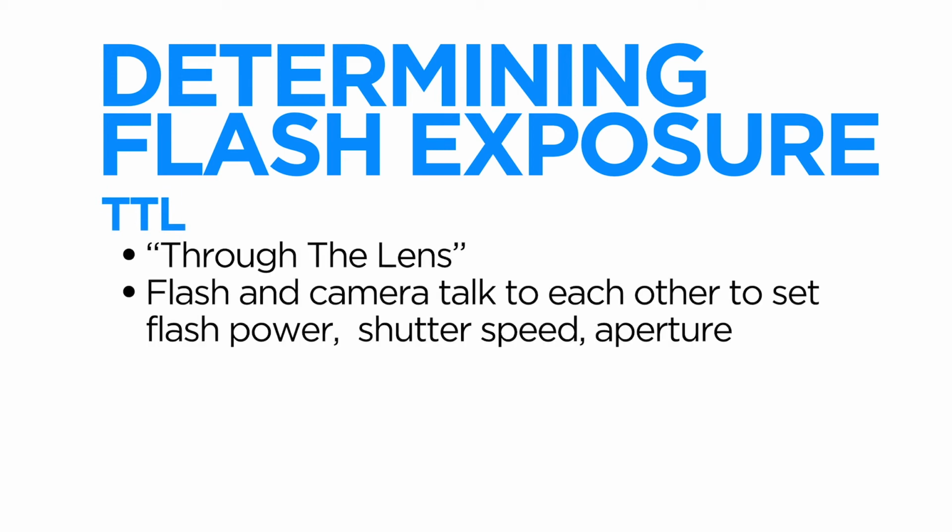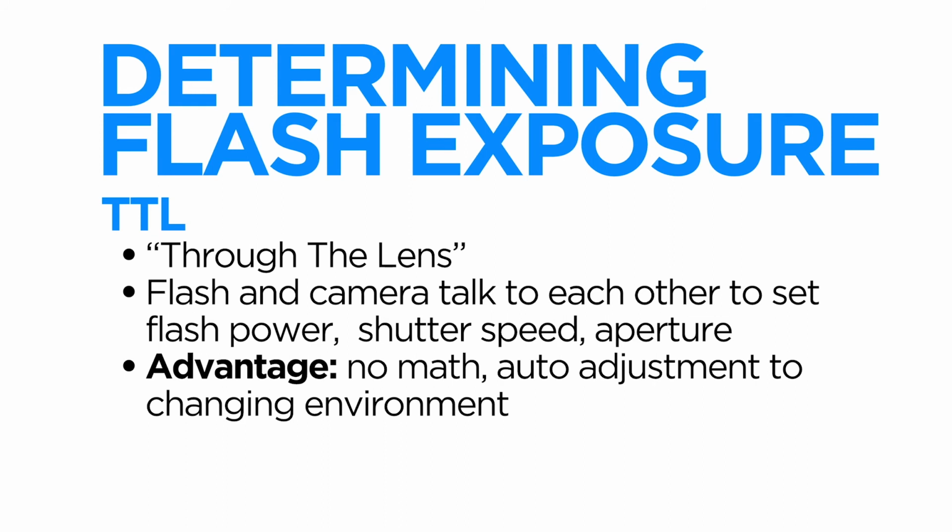And that means the camera and the flash are talking to each other so it can still do an automatic exposure setting for you. The nice thing is that makes it fast. You don't have to do any math. Everything happens quickly as you're changing environments. If you're moving flash closer or farther, if your subject's closer or farther, or if it's moving in or out of more or less light.